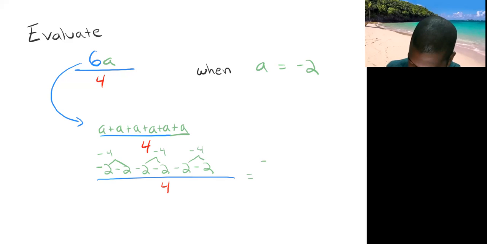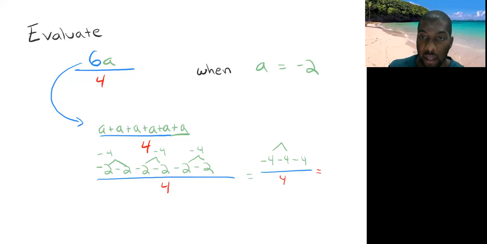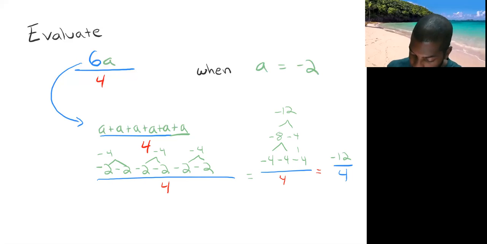So I can write it like this: -4 minus 4 minus 4, all over 4. -4 minus 4 is -8. -8 minus this 4 is -12. So I've got -12 divided by 4. Okay, and what is -12 divided by 4? Well, what's 12 divided by 4? 12 divided by 4 is 3, so it's -3.